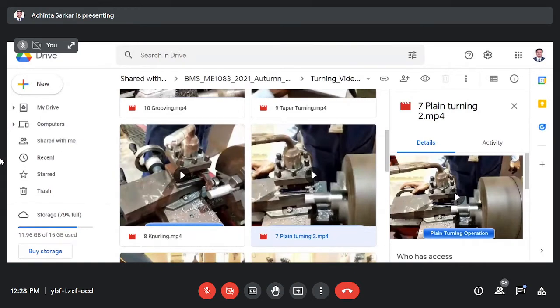Okay. So let's suppose the diameter initially was 30 millimeter and I defined the depth of cut as 0.5. Then after machining, the final diameter will be 29 millimeter. Now, how to find out the depth of cut? This is one essential cutting parameter.